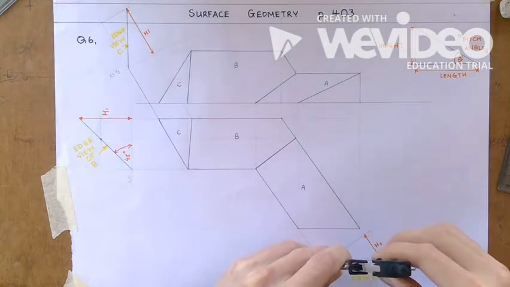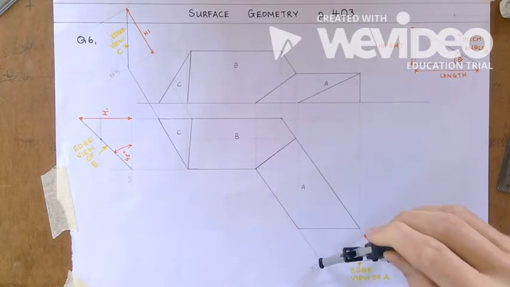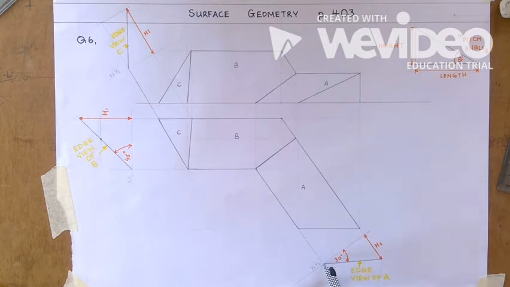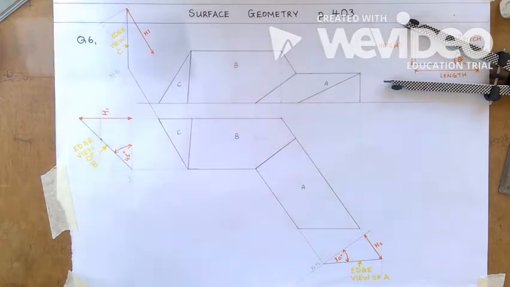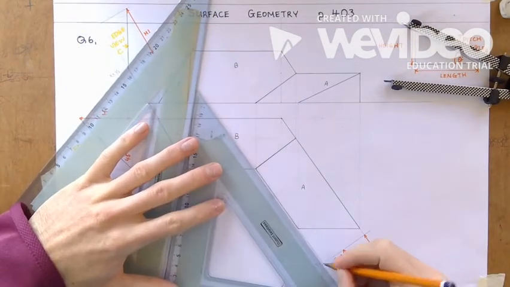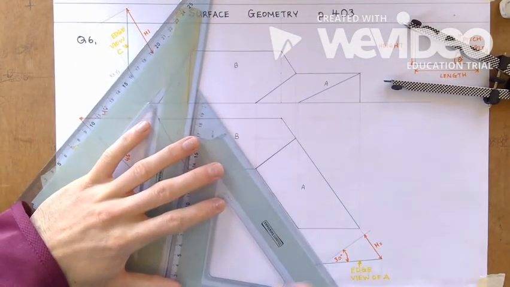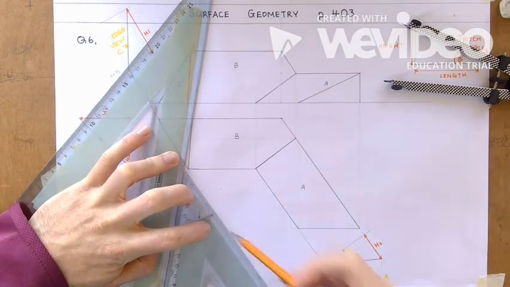Take that length on my compass. I'm going to rotate that around. There's the point there. Okay, so I'm going to project that now back at the same angle as A onto the development.